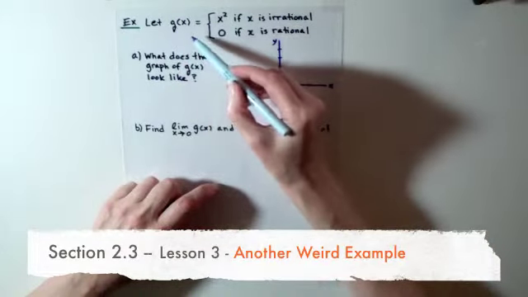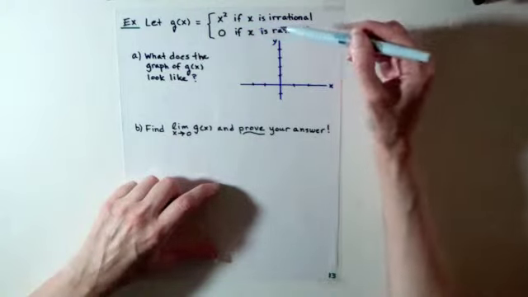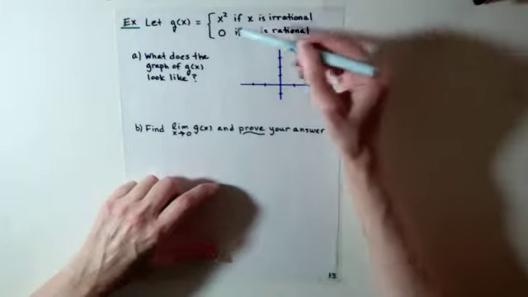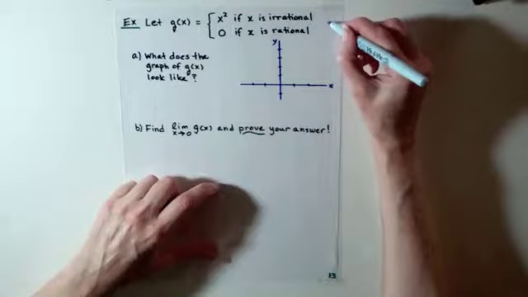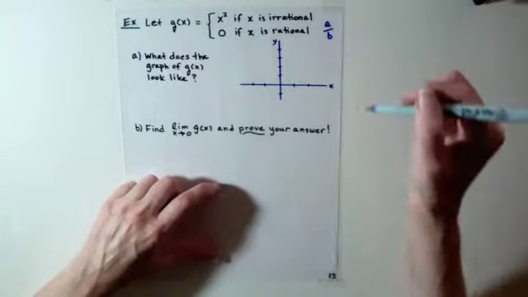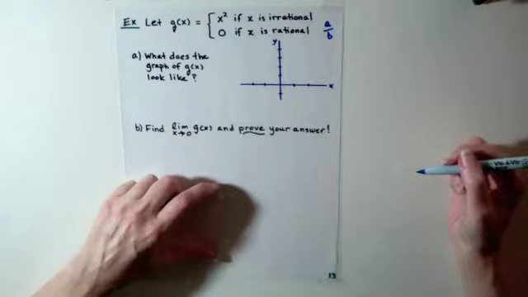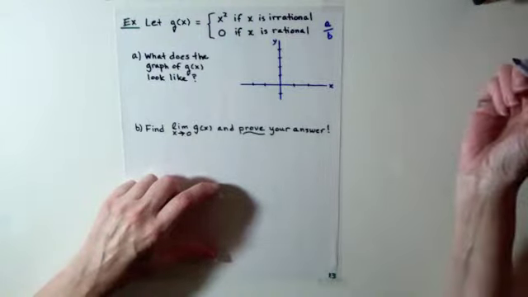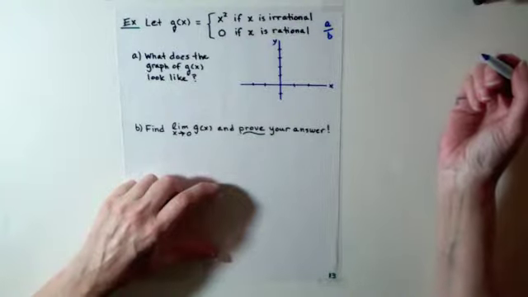It's a really weird one. Let g of x equal x squared if x is an irrational number and 0 if x is a rational number. Remember that a rational number is anything that can be written as one integer a over another non-zero integer b. So something like the number 2/3 is a rational number. But there are lots of numbers that are irrational.